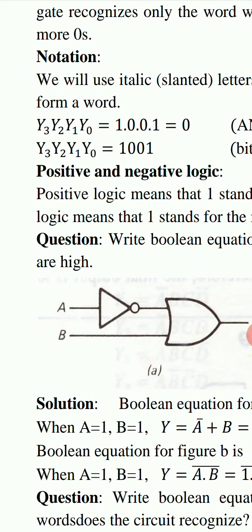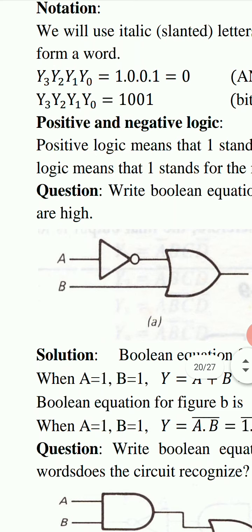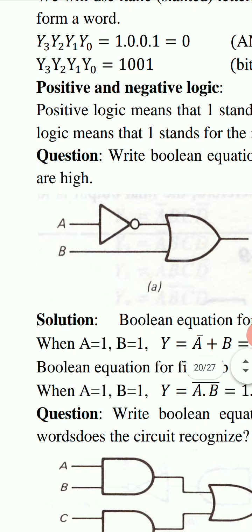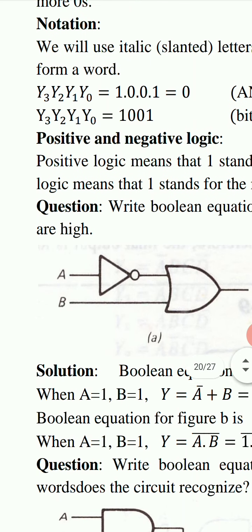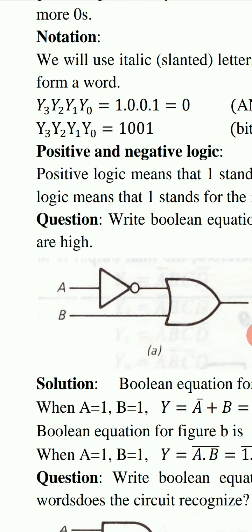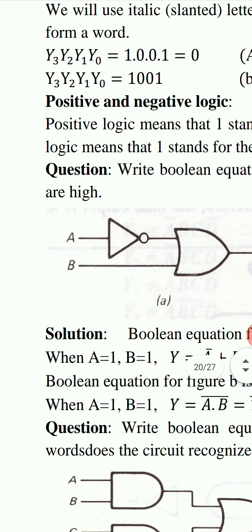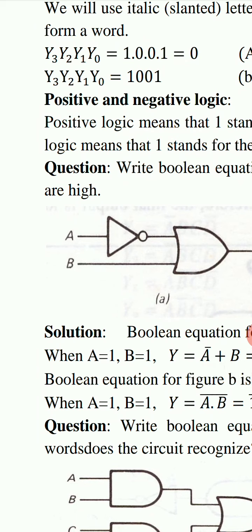Notation. We write y3, y2, y1, y0. If we write y3, y2, y1, y0 in italic, slanted letters, then a dot is implied.